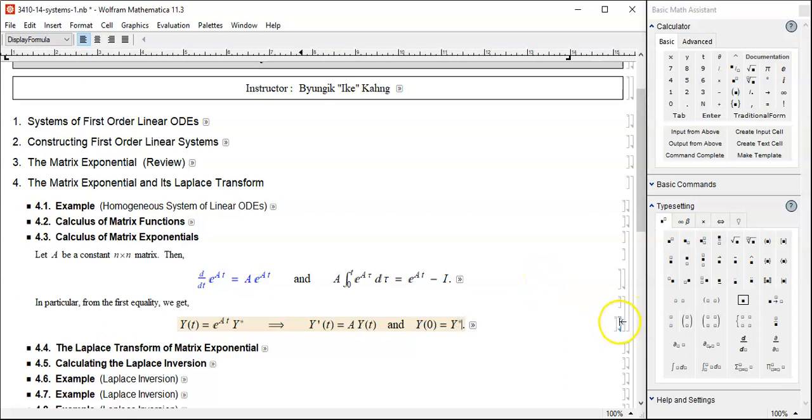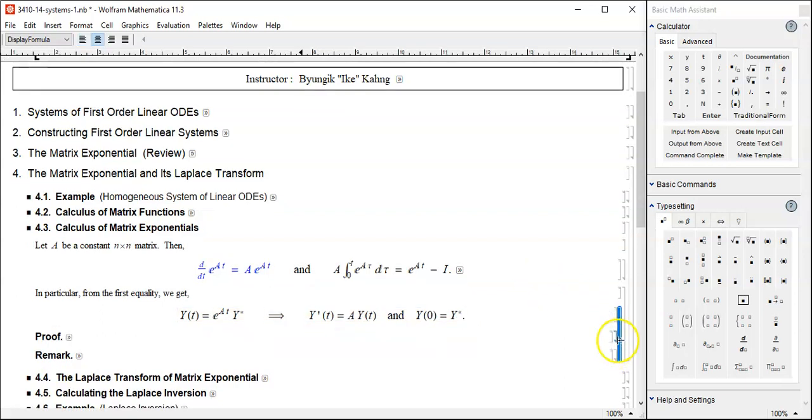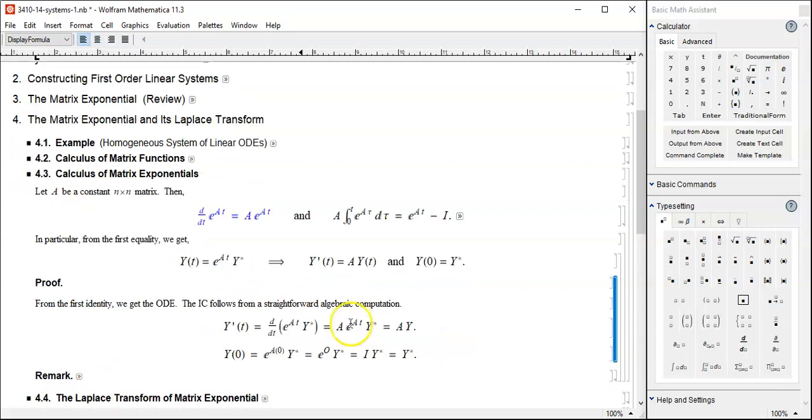How does it work? Well, here's the proof. Take the derivative using this blue formula, which we have yet to prove, but we'll prove it a little bit later, so we can still use it. So take the derivative. Now, times y star, that's just a constant coefficient, staying the same, no problem there. Basically, taking the derivative of this exponential, and as we're going to prove, it's going to be this.